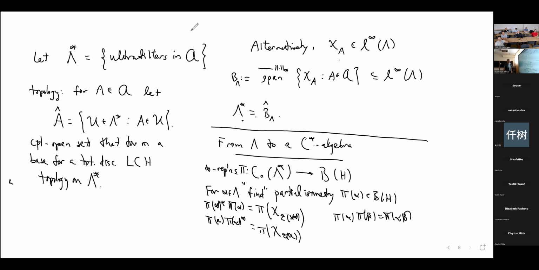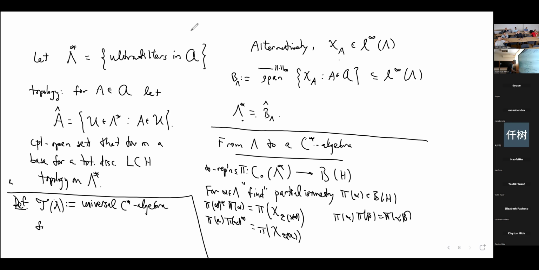So maybe I'll just put the last sentence of this thought over here. The Toeplitz algebra of lambda, I'll define to be that universal C-star algebra for such representations.